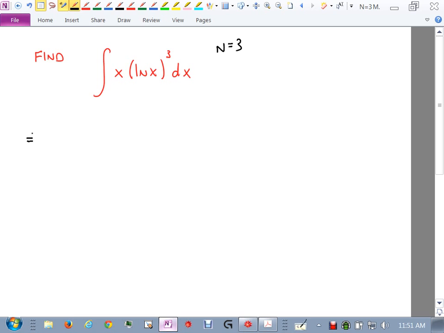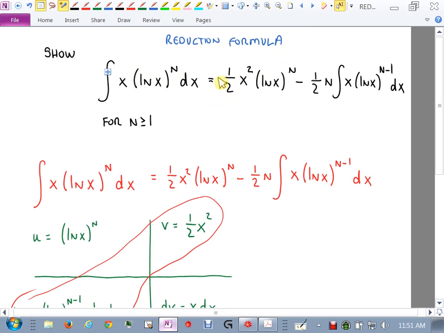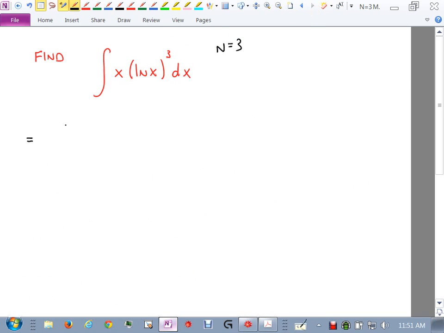This is equal to, according to my formula, which you have on the previous page, 1/2 x squared natural log x to the third. Then what?